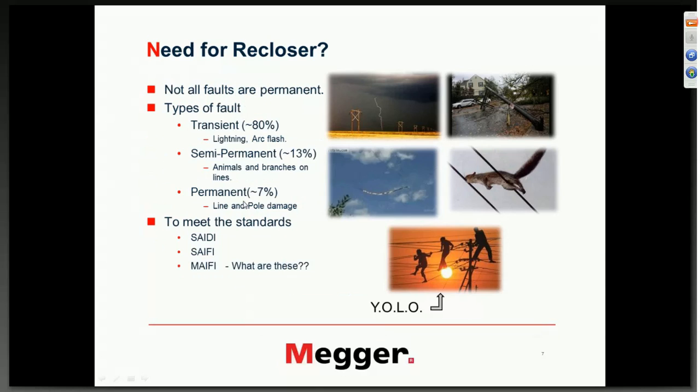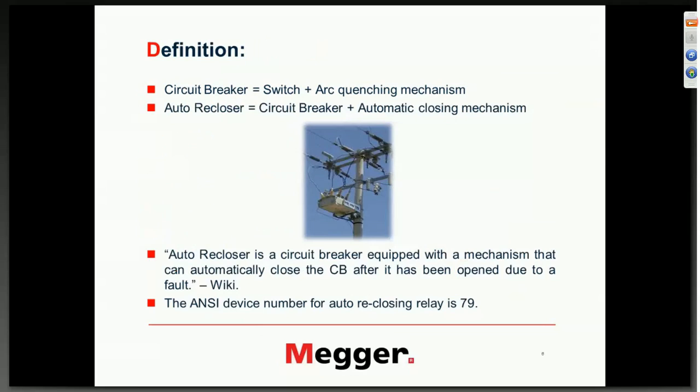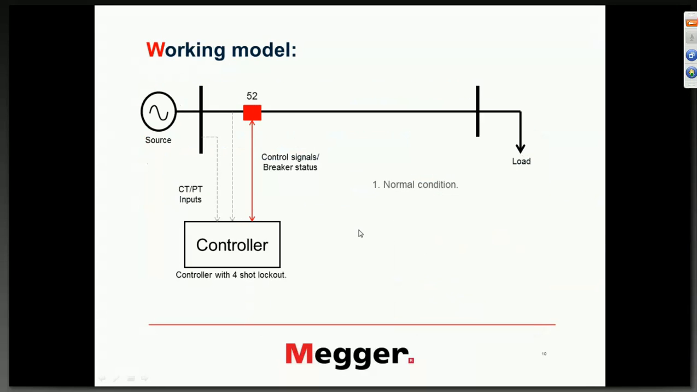I'll give you a better picture of that. This is the auto reclosure on the system on the pole, and the controller will usually be on the base of that pole. So that would be my circuit breaker or auto reclosure mechanism here, and all the CT/PT inputs are going into the controller.